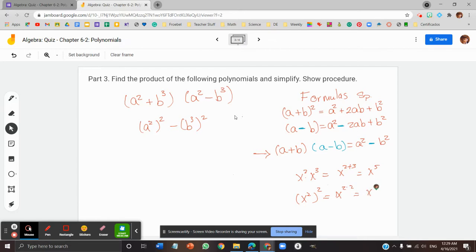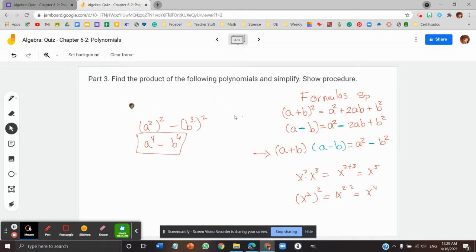You're multiplying it now. So this would be a to the fourth power minus b, 3 times 2 is 6. And that will be my answer. Pretty simple, right? Let's do one more.